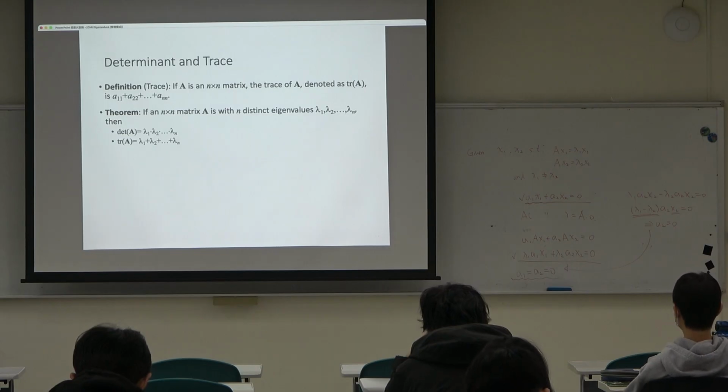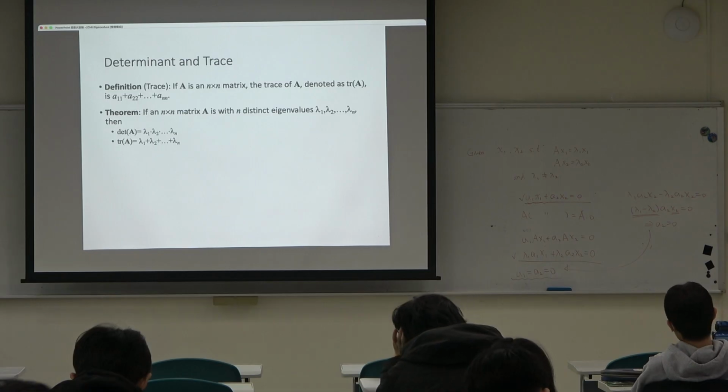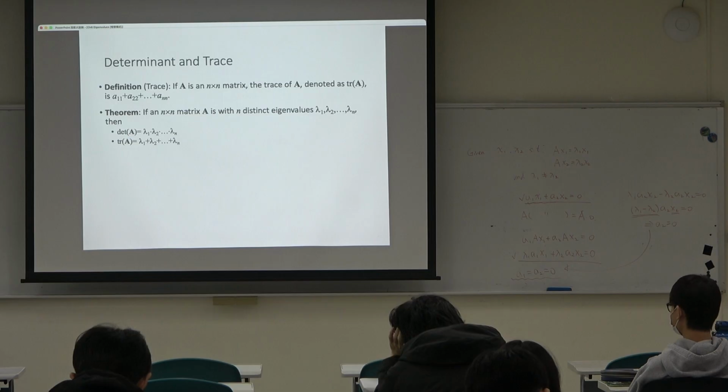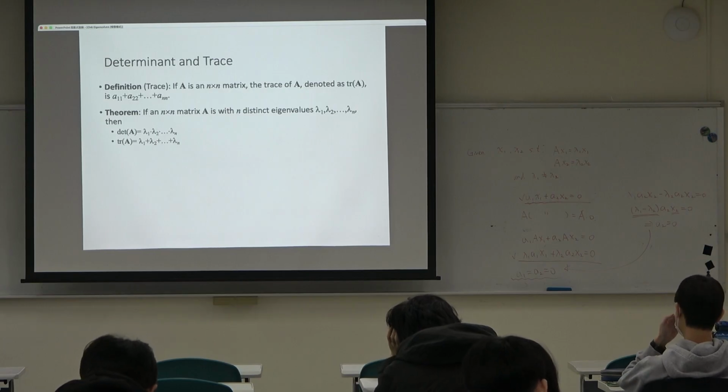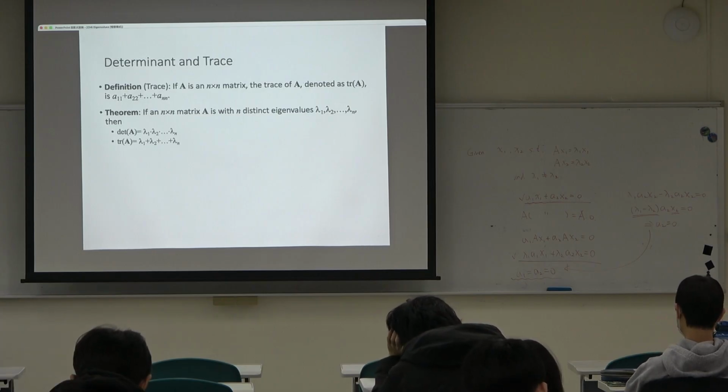The determinant of A will directly be the product of these n distinct eigenvalues. And the trace of A will be equal to the sum of these n eigenvalues. So these properties are very, very interesting.